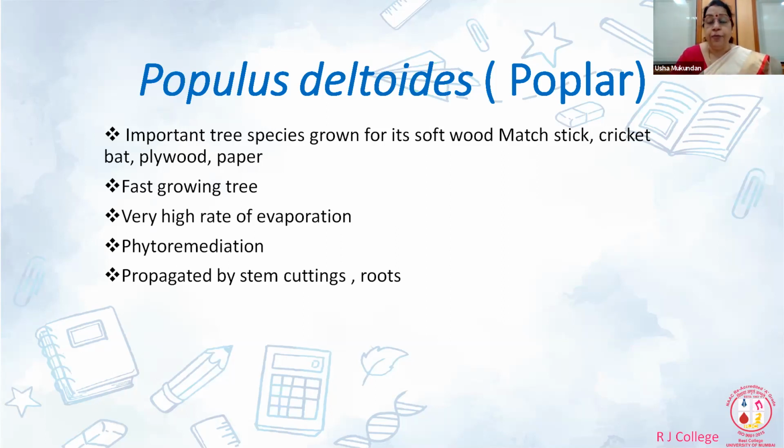Because when they are transpiring, a large amount of material will be taken up and accumulated in the leaves. So obviously then you can have phytoextraction and other things, but from a large area you are concentrating that contaminant to a small area or to a small region. So it is also looked upon as a very good system for phytoremediation.